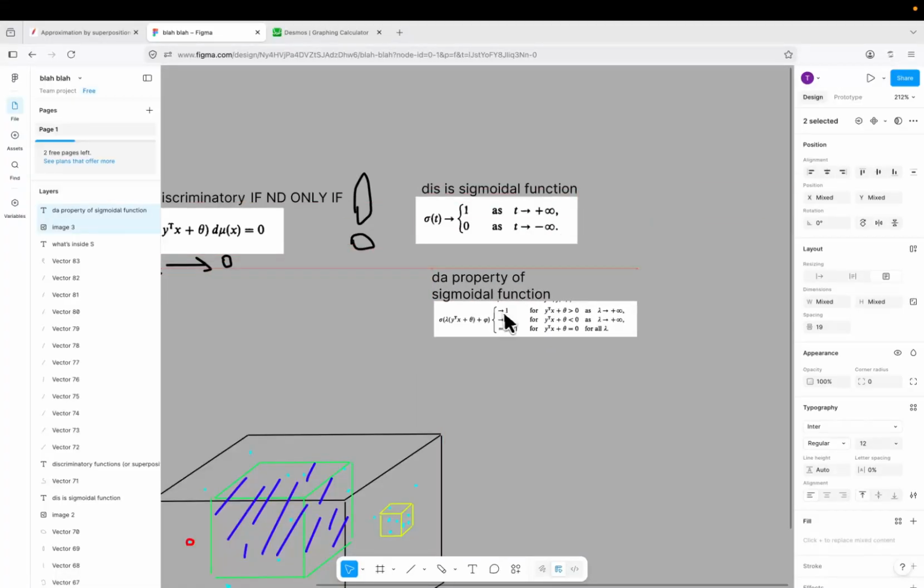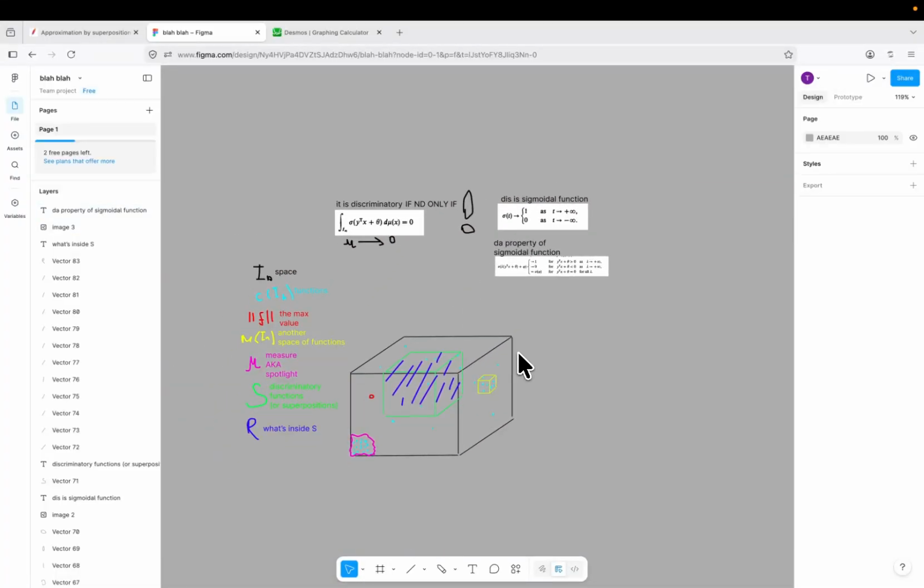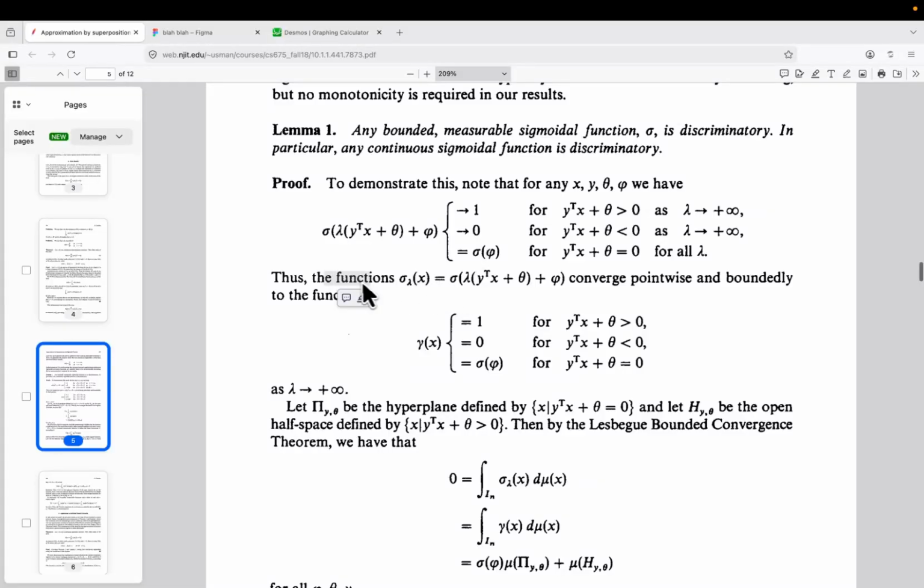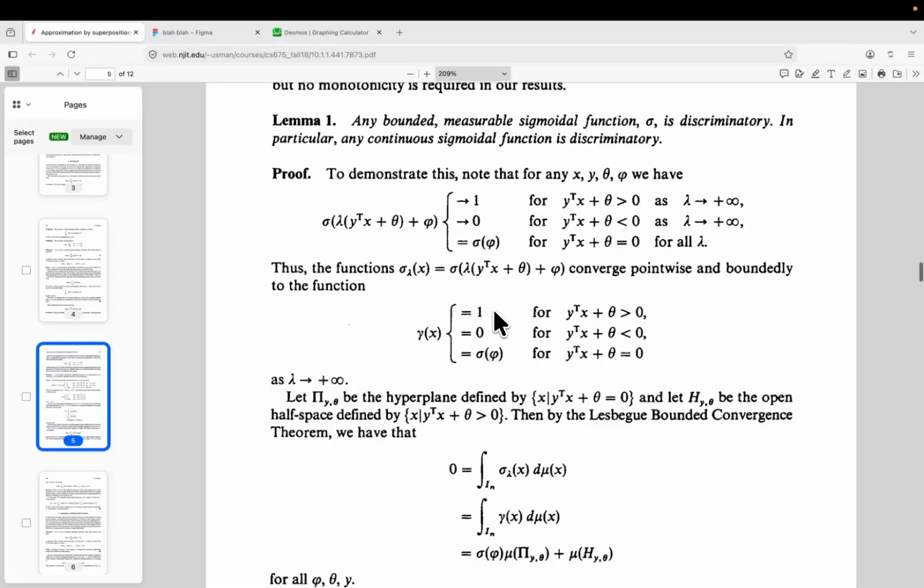Alright, thus the function converges pointwise and boundedly to the function.